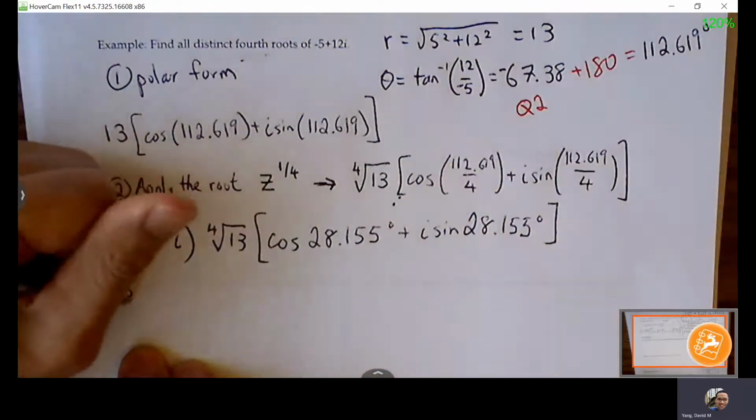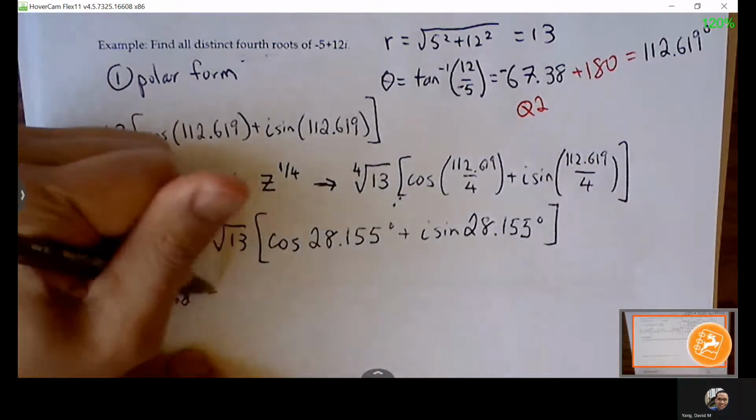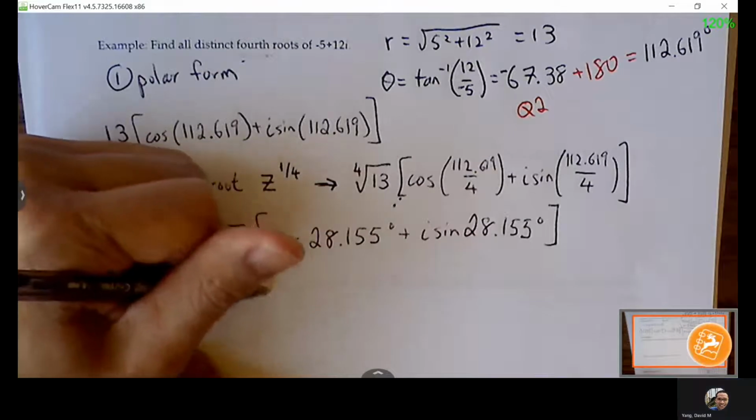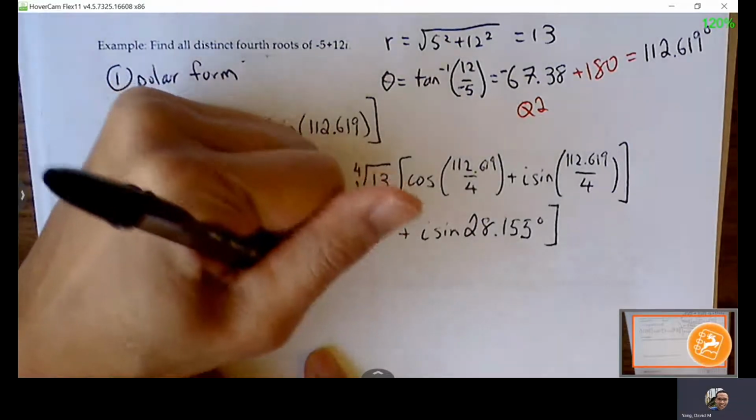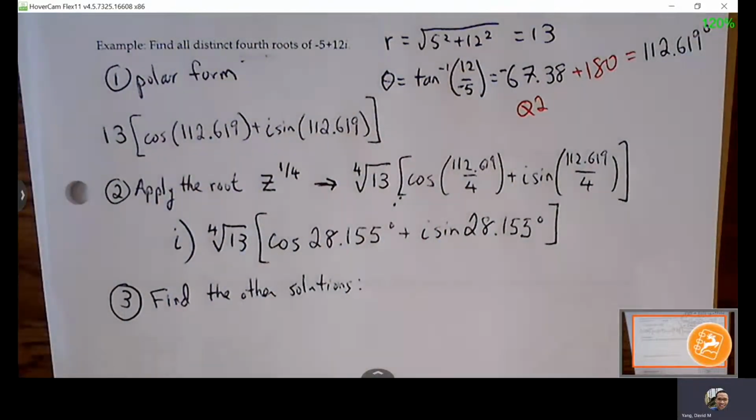So here's the third step. We're going to find the other solutions. Now, all the other solutions are going to be evenly spaced around 2 pi, or evenly spaced around 360, around the circle.